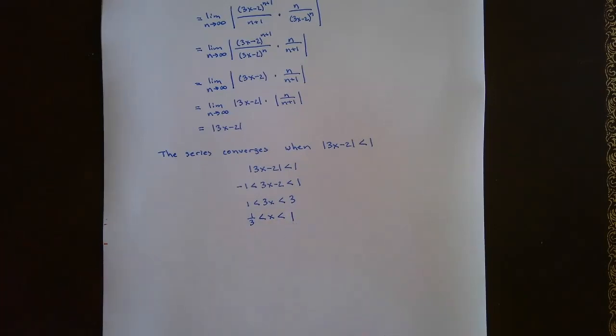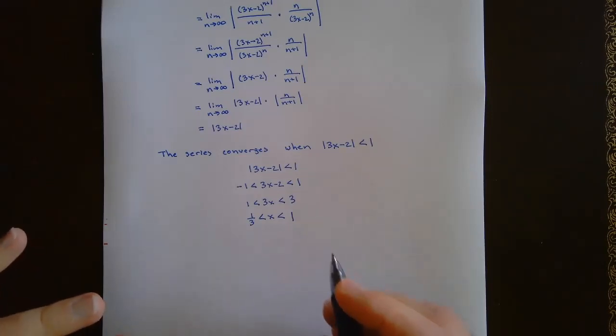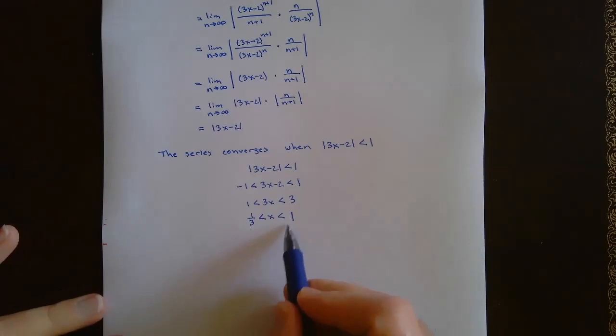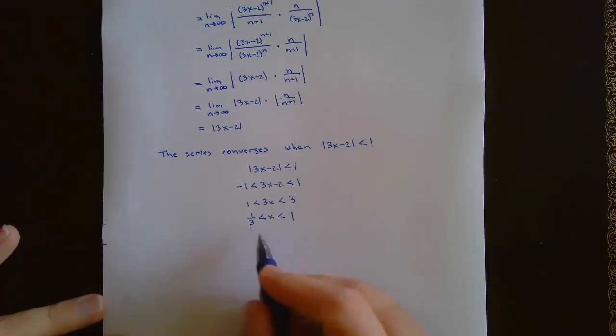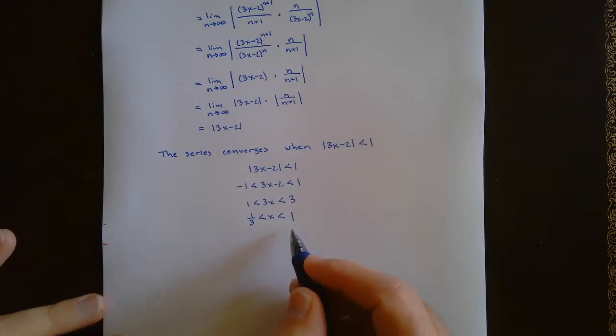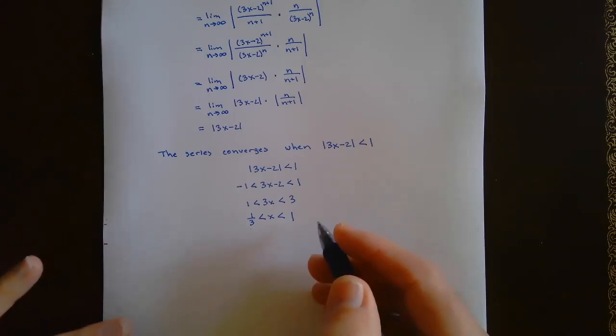So what this tells us is this series will converge, but only when the x value is between 1/3 and 1. So what's the distance between these? From 1/3 to 1, that would be a distance of 2/3, right?